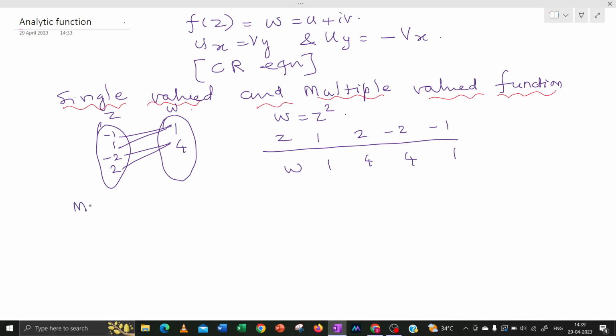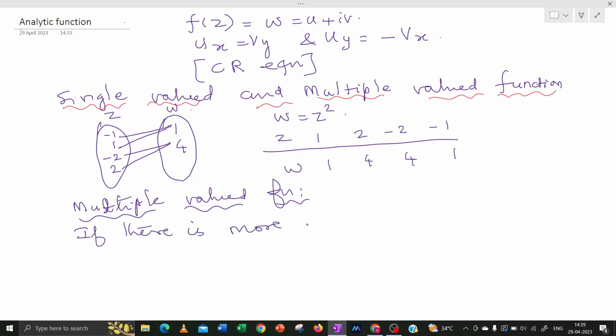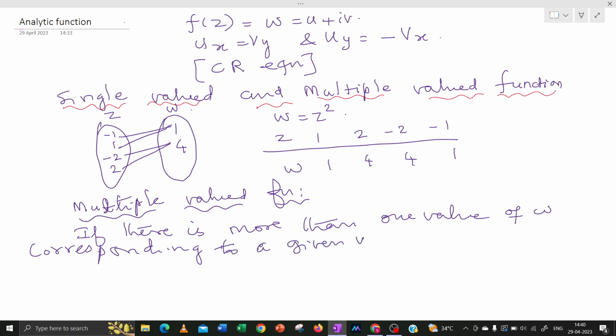Whereas a multiple valued function means there is more than one value of w corresponding to a given value of z.